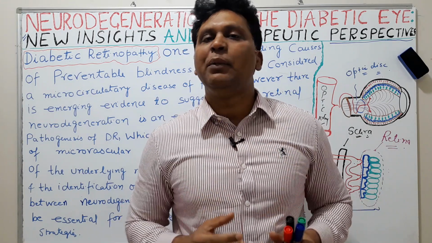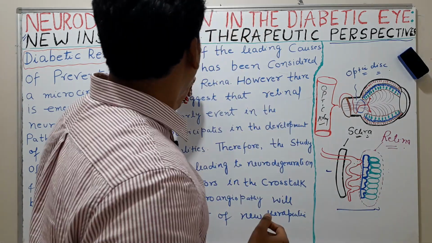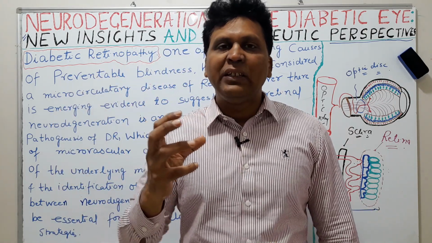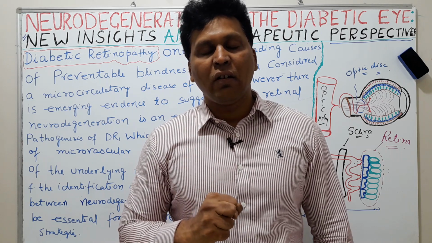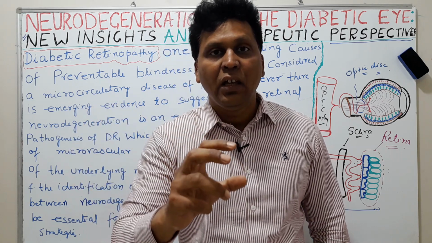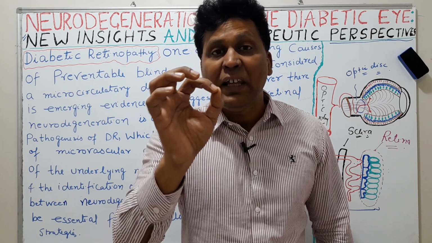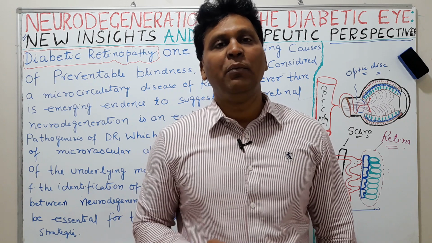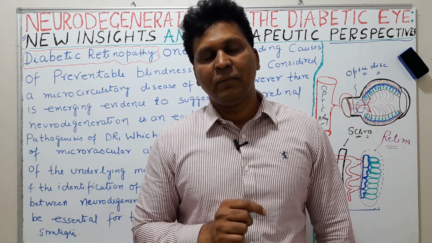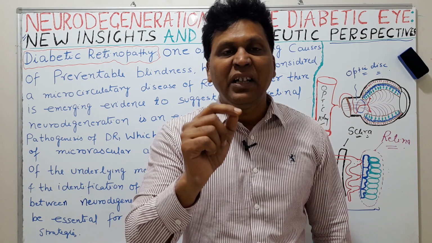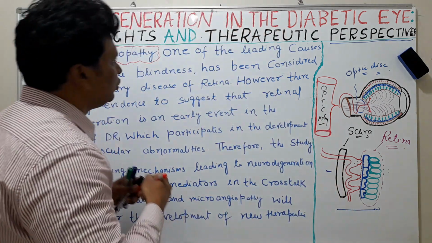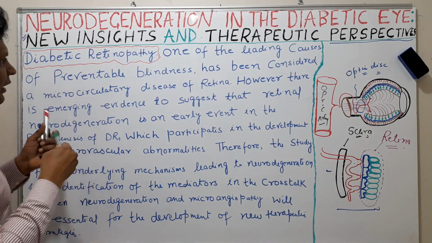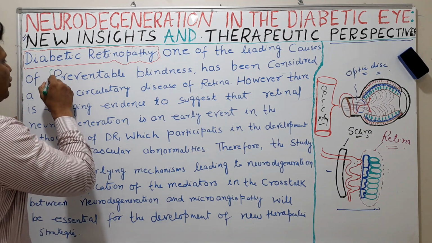Diabetic retinopathy is characterized by loss of vision, visual impairment, difficulty in vision. But it is preventable blindness. Now diabetic retinopathy is clear.